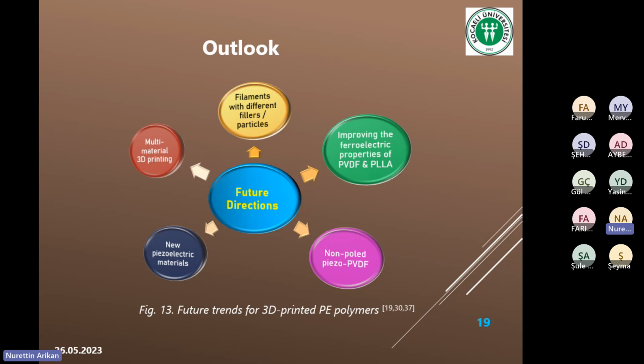A second one is filaments with different fillers and particles. It was not very likely in the past to utilize wood-filled PLA fibers for standard 0.4 millimeter diameter nozzles.